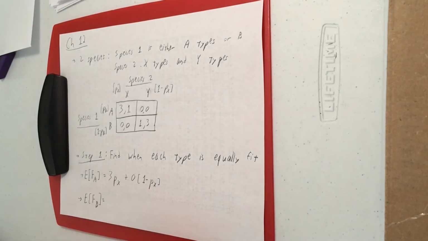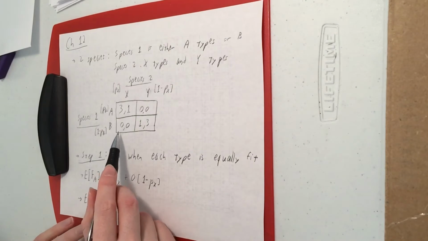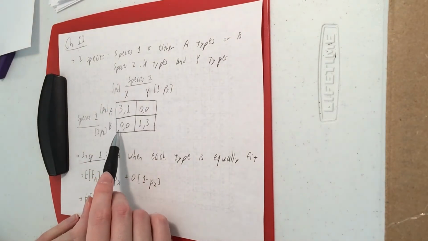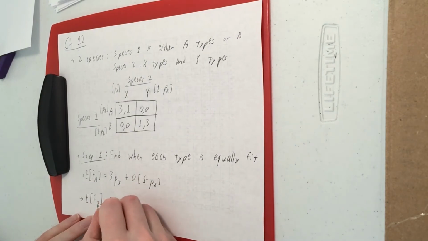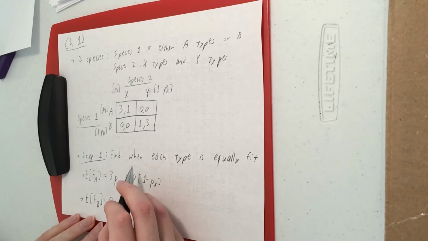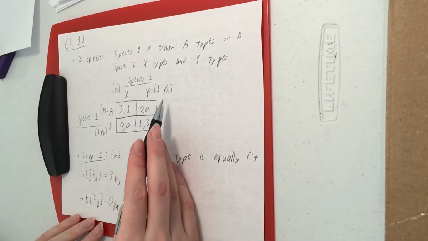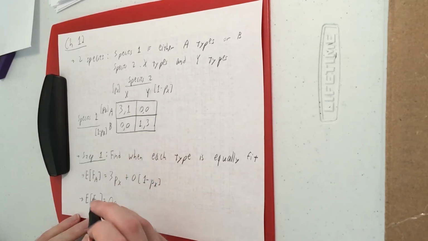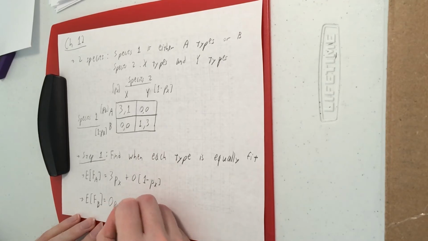Now I'll find the expected fitness of the B types. With probability PX, they meet an X type and they get a fitness level of 0. And with probability 1 minus PX, they meet a Y type and get a fitness level of 1.